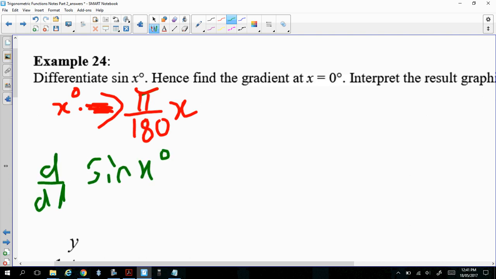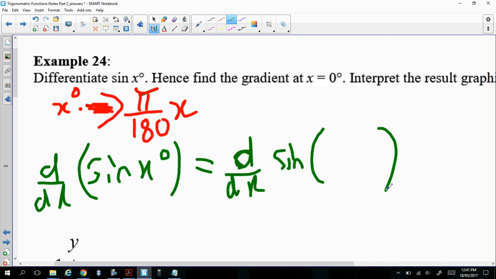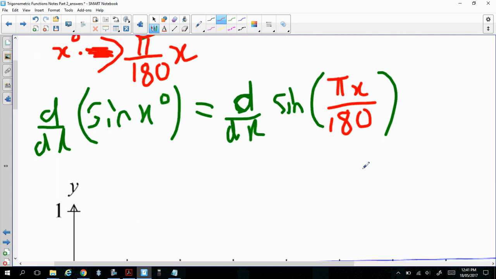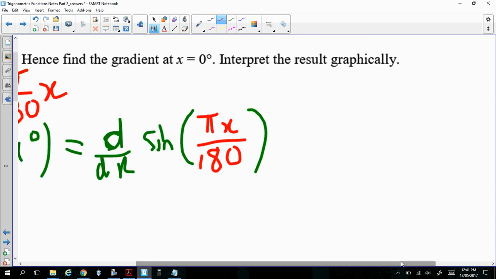And we know that to differentiate sine, we just write cos. So we write cos of the angle, times the derivative of the angle, which is just pi over 180.